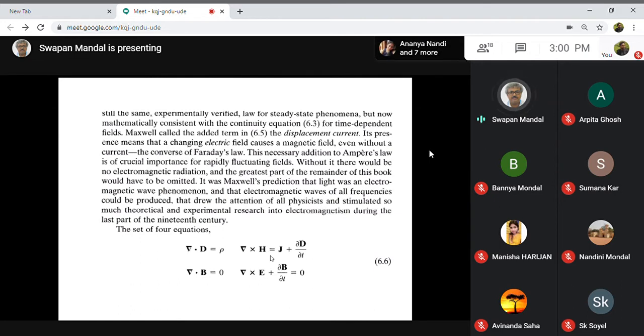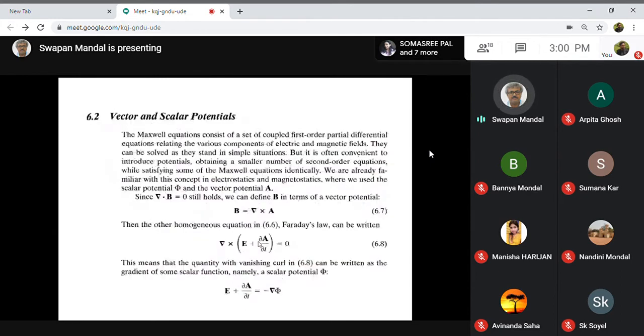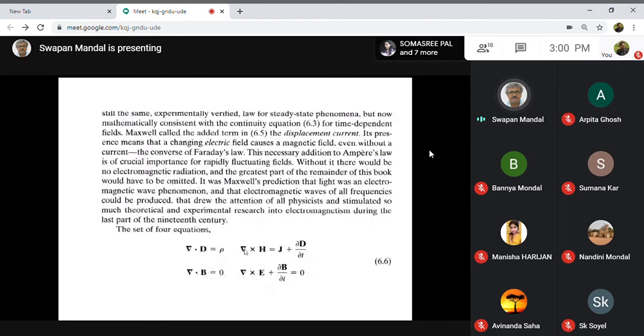If I want to solve for the electric field, I have to have knowledge of the magnetic field. Unless I have the knowledge of the magnetic field, I cannot go for the solution of the electric field. Similarly, if I do not have the knowledge of the electric field, in other words D, we cannot solve for the magnetic field H. So these are basically coupled differential equations involving the electric and magnetic field.